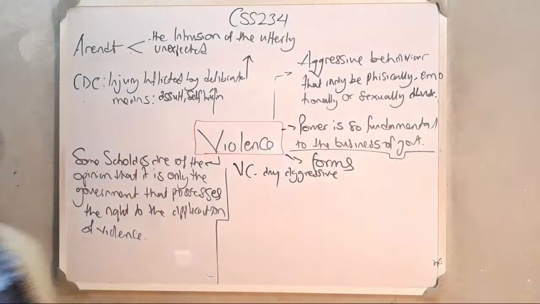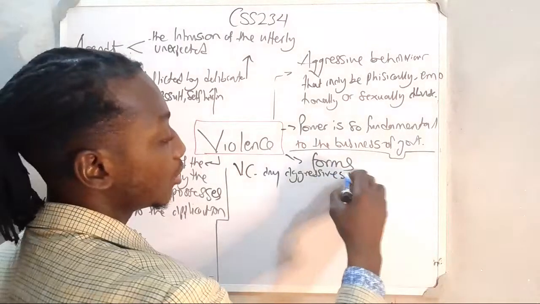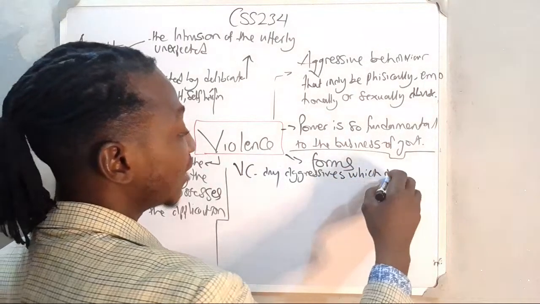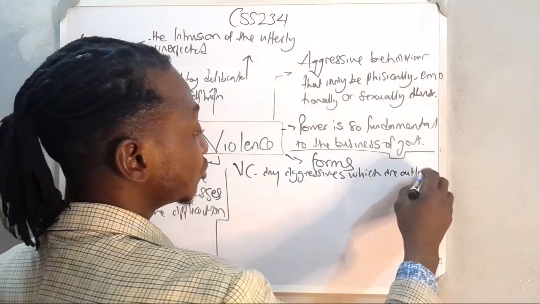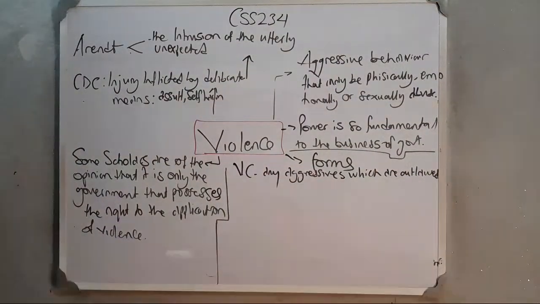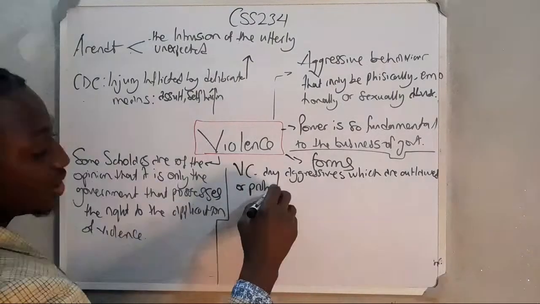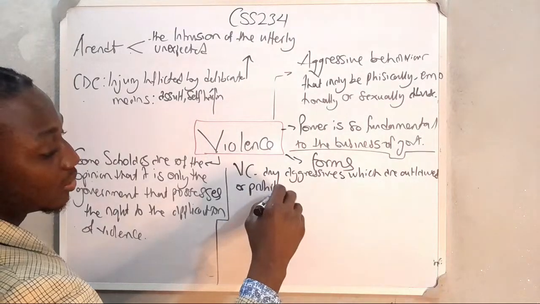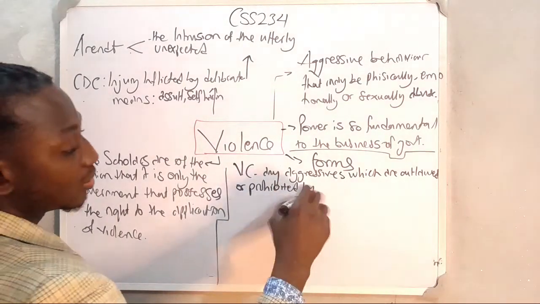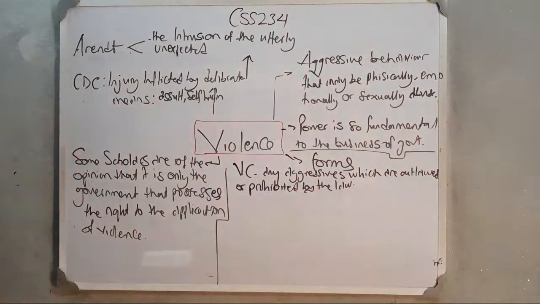Violent crimes, VC: any aggressive actions which are outlawed, meaning that the law is against such action, or prohibited by the law. All right, those are violent crimes.